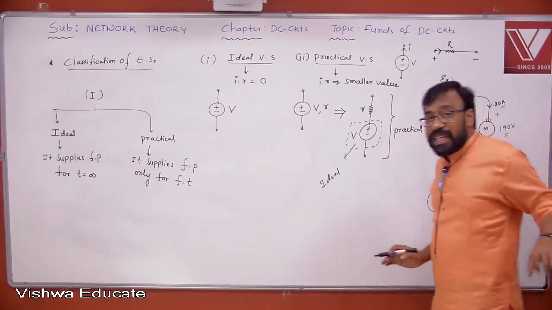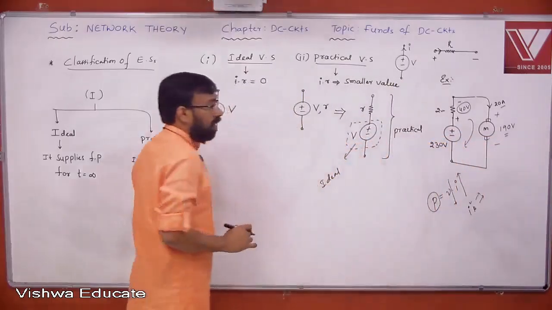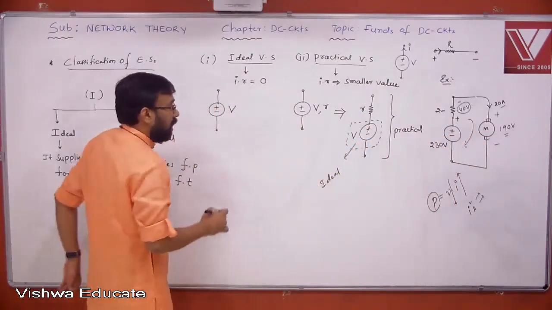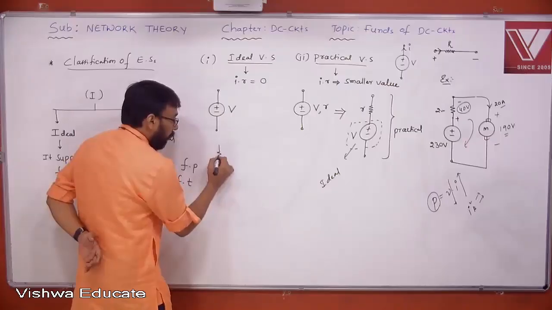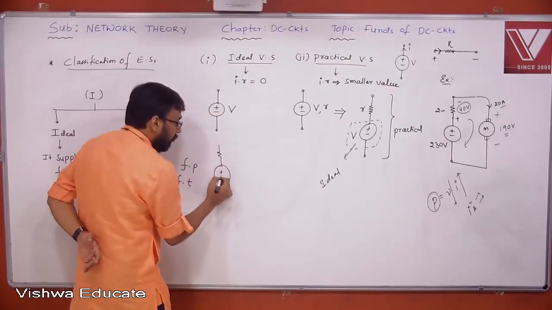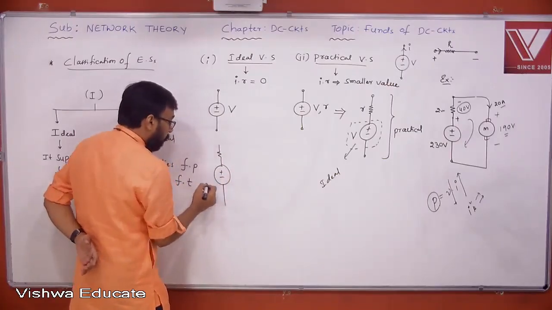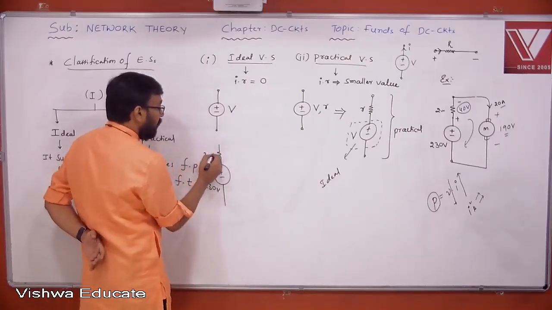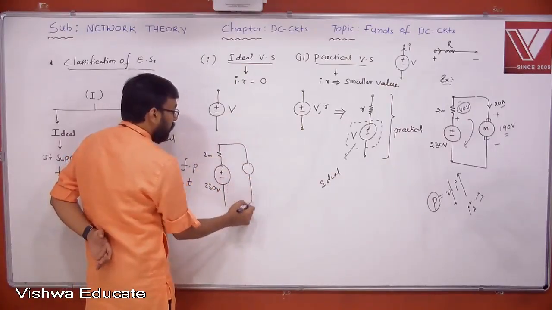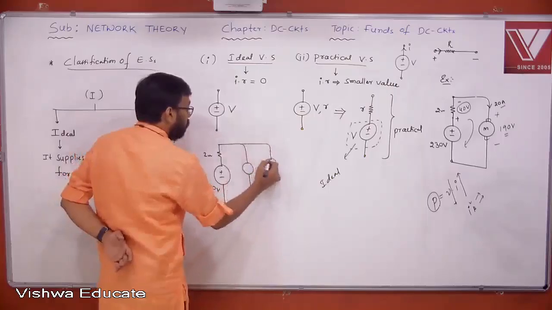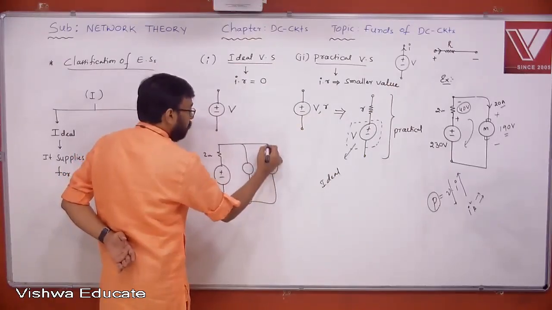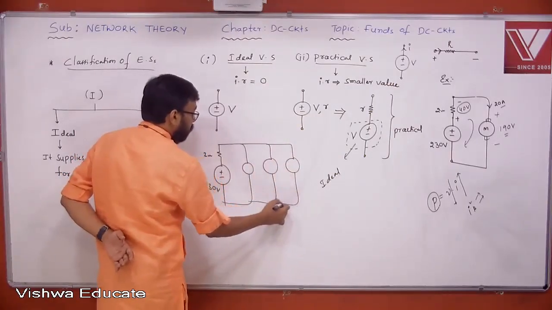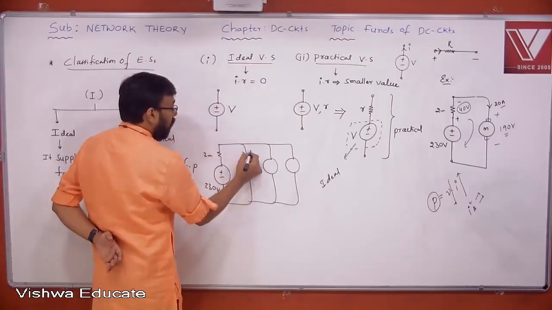Now coming to the winter, how does the high voltage problem occur here? Look at this. I am taking the same example: 230 volts, and this is 2 ohm, let us say. Assume that 3 motors are operating. Each motor is drawing 10 amperes.